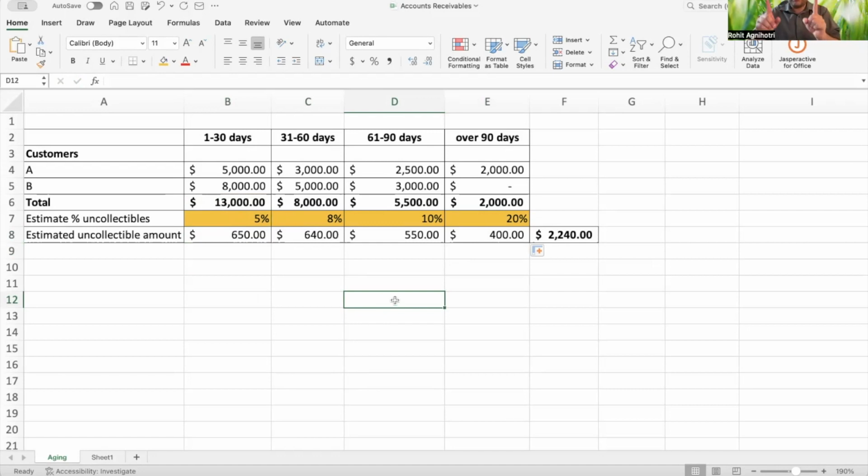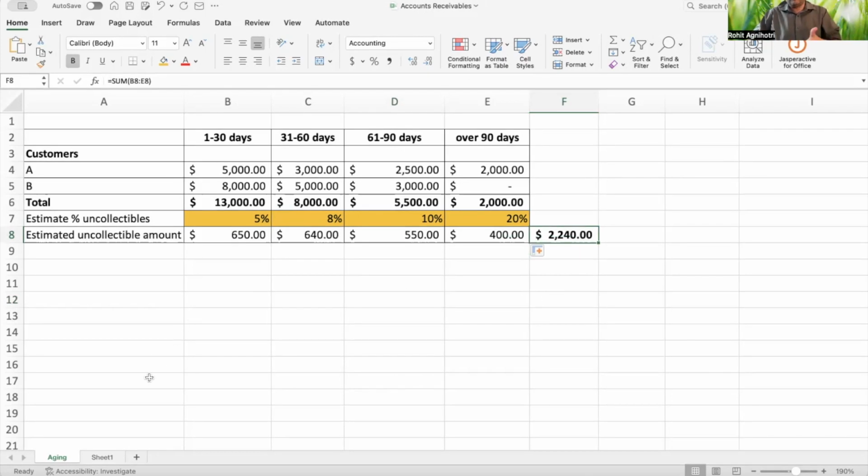Again, there is no surety that this is not going to get paid. Maybe they will pay you everything, but this is just your estimation because you have to plan in advance, before somebody comes and tells you, well, I'm not paying you. You must be prepared for taking that loss. So 2,240 might not come back.